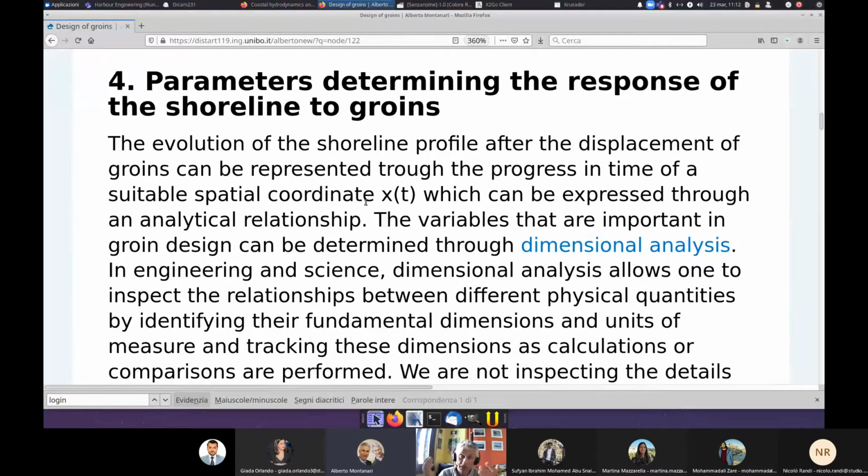I think that you have probably heard already about dimensional analysis, which is a technique that allows us, through physical reasoning, to understand what are the most relevant variables in a dynamic process. But again, I don't want to spend time on this.